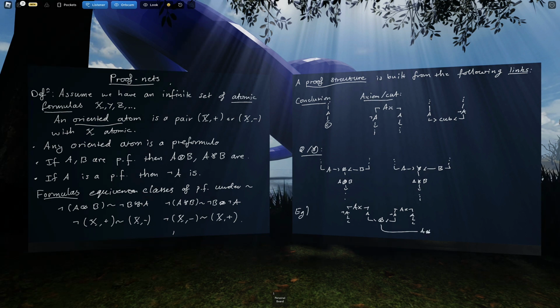And then that is getting cut against the par of the conclusions of some axiom link. Okay, so that would be an example of a full proof. So when I'm talking about a proof inside proof nets, it's something that looks like this. Okay.